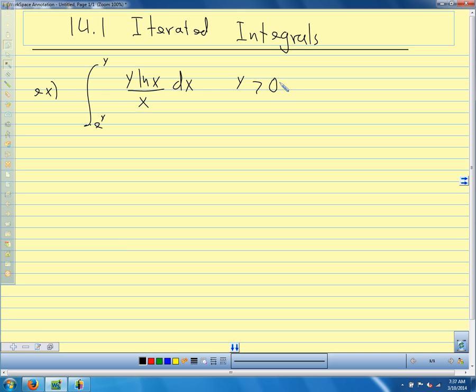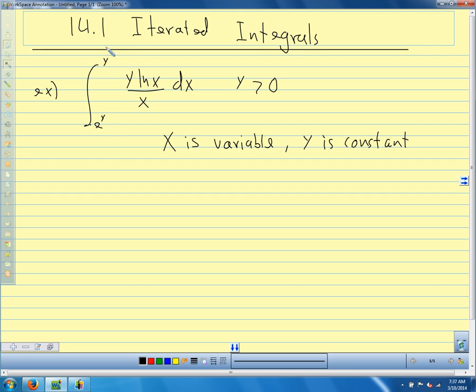So for this particular integral, x is variable and y is constant. So we treat y just like we treat a constant in any other integral.